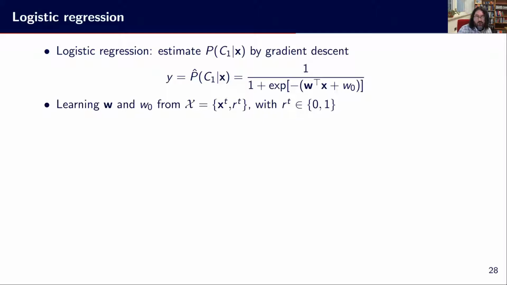So we are looking to learn W and W0 from our training set. And here we are falling back to the previous way to label our data using RT equal to 0 or 1. So it's no more -1 and 1. We're getting back to the 0, 1 representation of labels for our training data set.